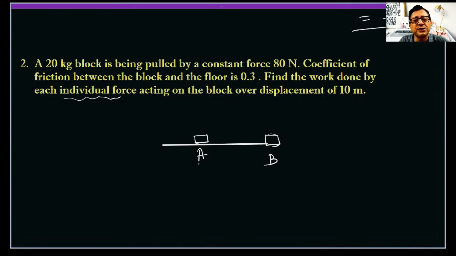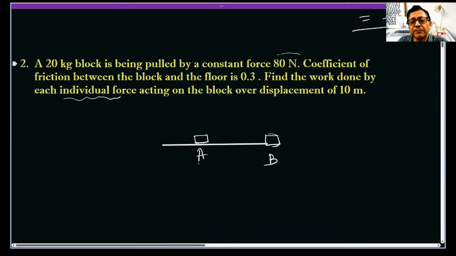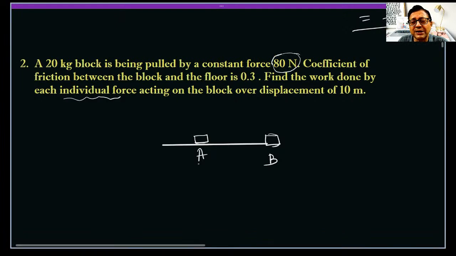What are the individual forces here? This constant force is one. This is not gravitational force, this is actually external force. So F external is 80 Newton.